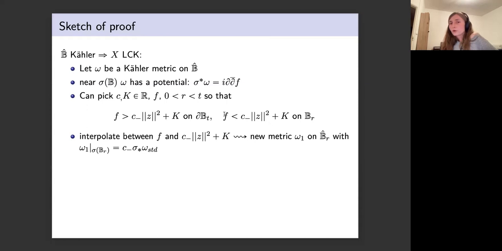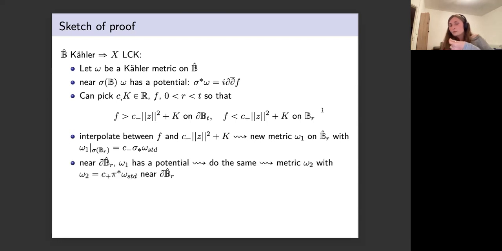This will be true on some boundary of a ball and smaller on some smaller ball contained in it. Using this, you take a maximum between these two and construct a new metric, which is still the same outside sigma of a smaller ball, but which becomes the standard flat metric times a constant around sigma of 0, so on a small ball there.